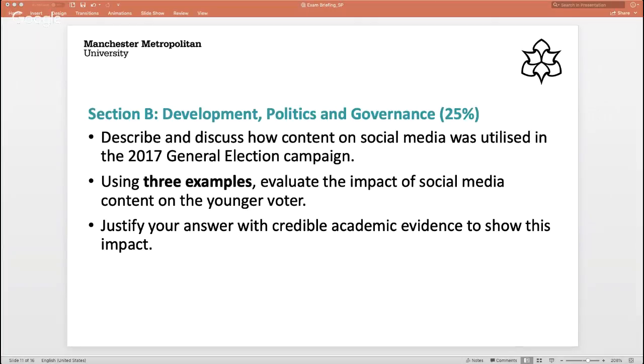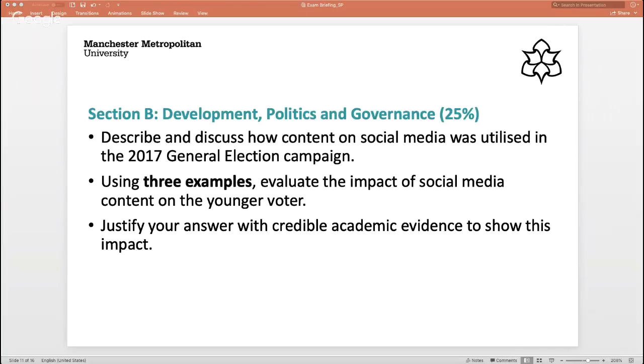There are loads of different platforms out there, and I would advise you to look at platforms which are different for each of your examples, because you will then see the different types of content that is put out there and whether or not that content is actually influencing young voters well, or should politicians be doing something different to open up politics to these younger voters and encourage them to go out to the polling stations and vote Conservative or Labour or Lib Dems or Independent or whatever party they're actually advocating for.